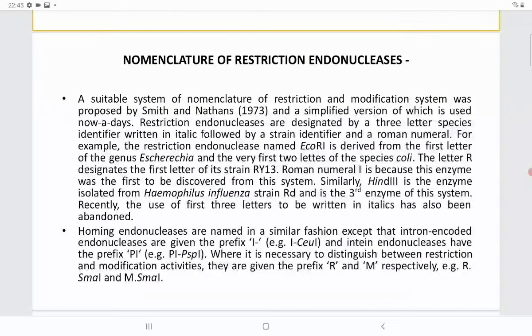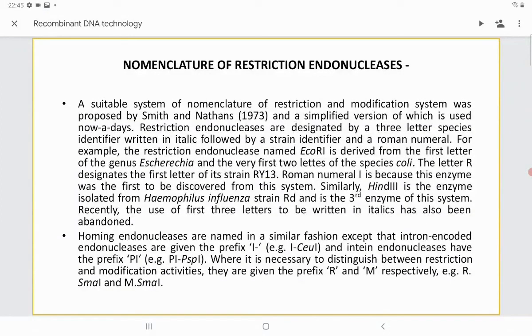Nomenclature of restriction endonucleases. A suitable system of nomenclature of restriction and modification systems was proposed by Smith and Nathans in 1973, and a simplified version of it is used nowadays. Restriction endonucleases are designated by a three-letter species identifier written in italics, followed by a strain identifier and a Roman numeral. For example, the restriction endonuclease named EcoRI is derived from the first letter of the genus Escherichia.